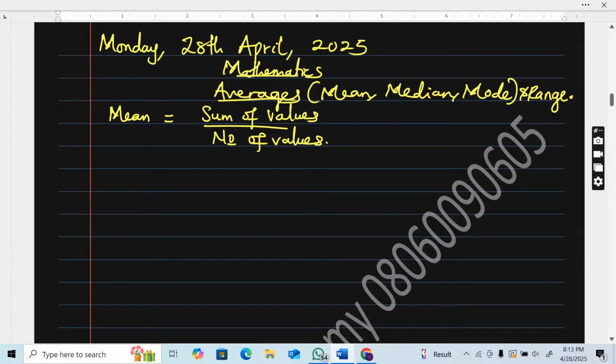Mean is also known as average. So we'll be looking at some examples shortly.